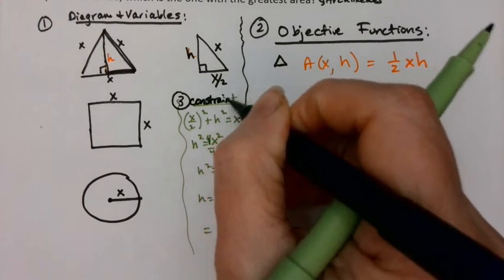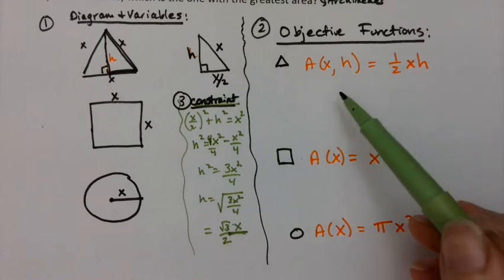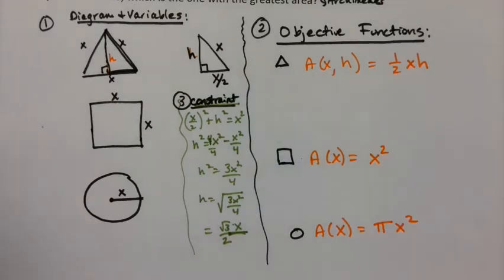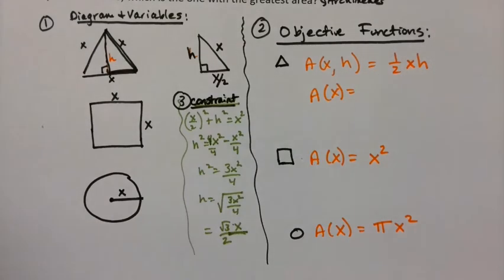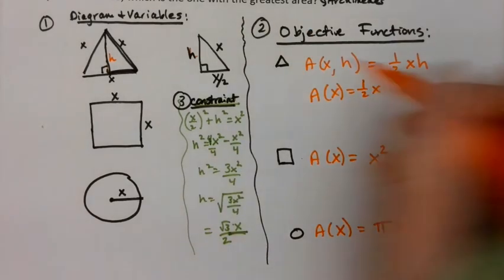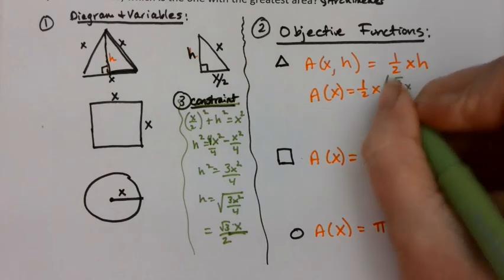Now I'm going to use that constraint, and I don't need it over here. The only one that needs a step 4 is right here, because I'm going to change my area function into area of x, and it's going to be 1/2 times x times square root of 3 over 2 times x.